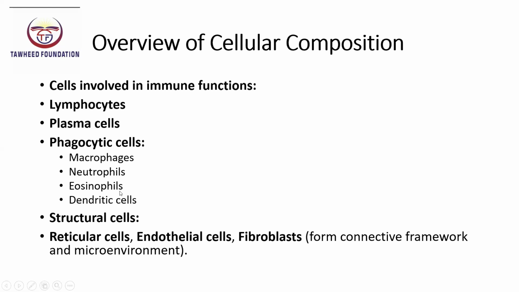In addition, there are reticular cells, endothelial cells, and fibroblasts, which form the connective tissue framework and produce signaling molecules that regulate immune activity. Together, these cells maintain the architecture and functional integrity of lymphoid organs and coordinate immune responses throughout the body.